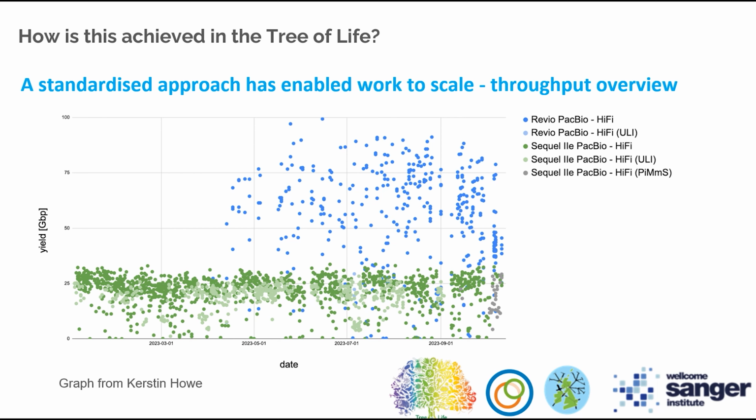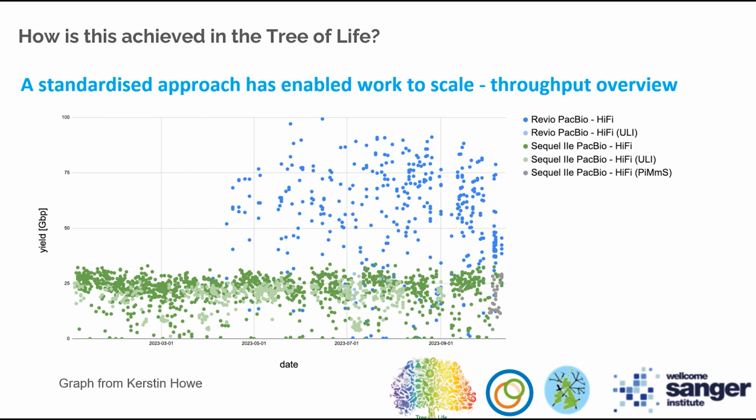You can see the dots in blue are Revio sequencing events, and in green they are seqWell. And you can see there's lots of variation in yields. We have some great yielding cells, we have some that still fail, and it's always a work in progress. We are always evolving, always learning, and always trying to improve methods.